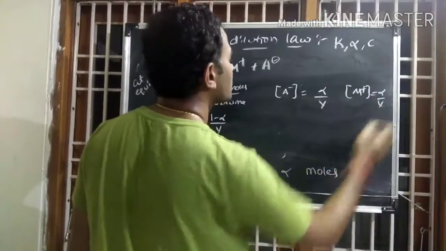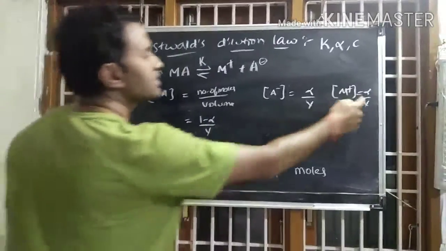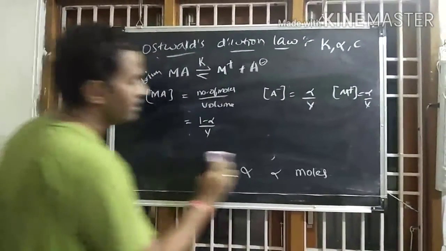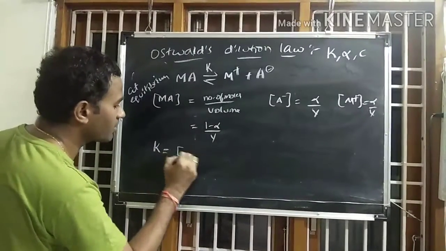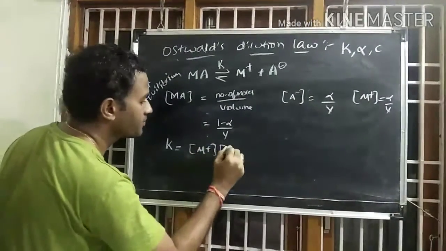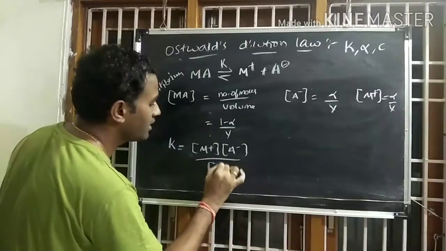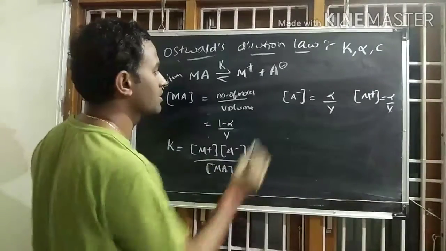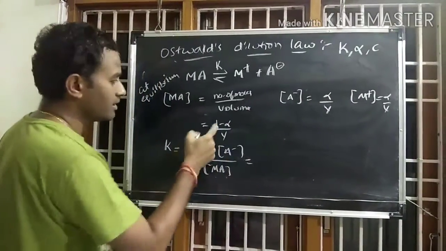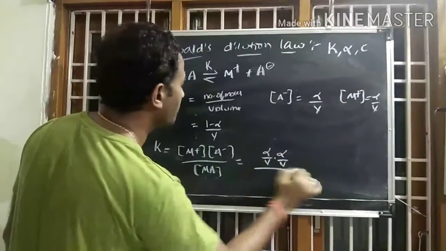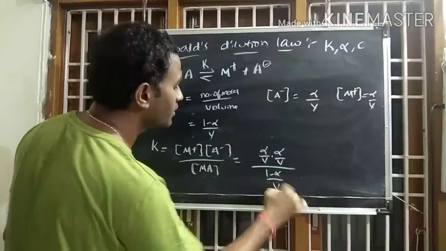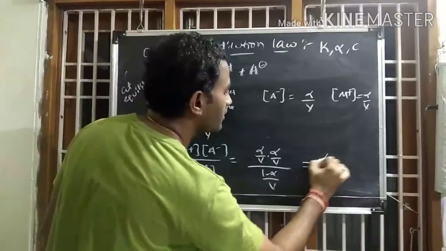Alpha by V. So by substituting these three values in equation 1, which is the concentration of ions to that of concentration of undissociated electrolyte molecules, we will get alpha by V into alpha by V by 1 minus alpha by V. So what do we get finally?